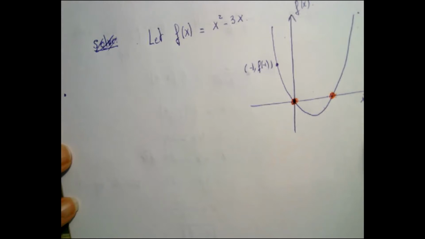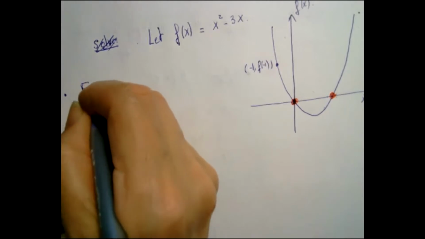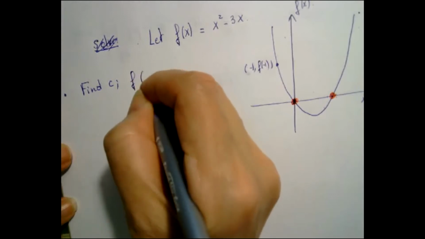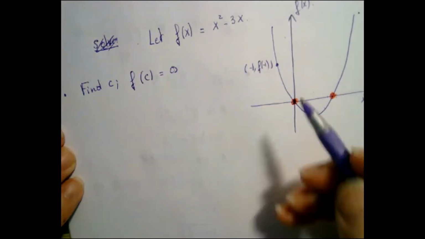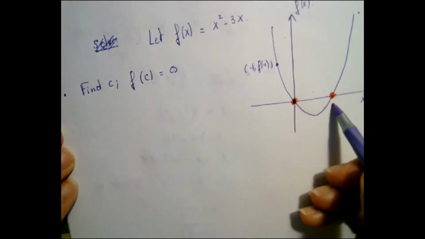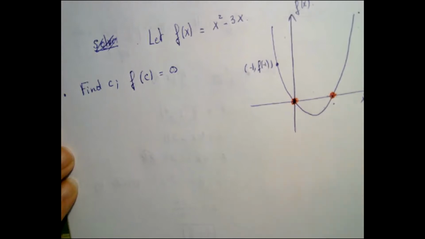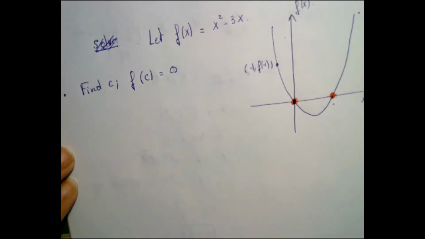Would we just factor the equation and get the zeros? Yeah, so the question is, find the value of C such that the output is 0. If I'm interested in those 2 points, I'm asking which inputs spit out an output of 0. So basically, I want to solve f of C equal to 0.